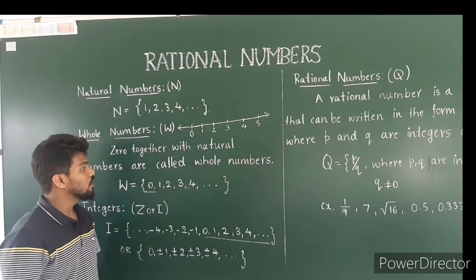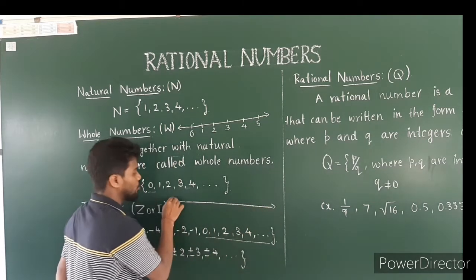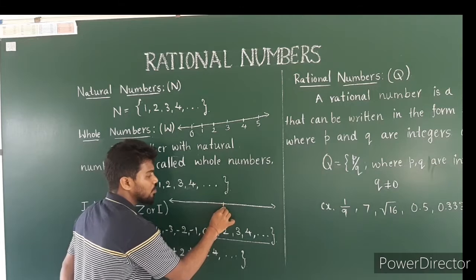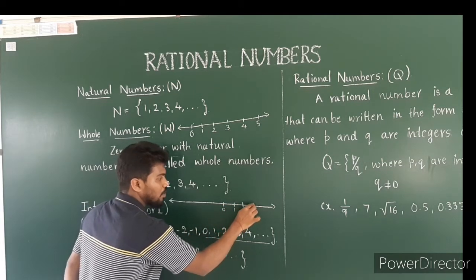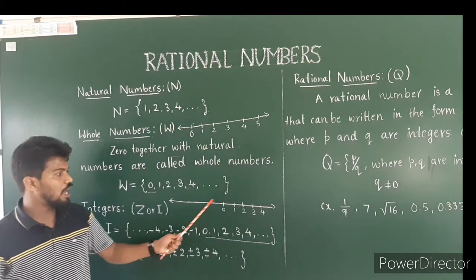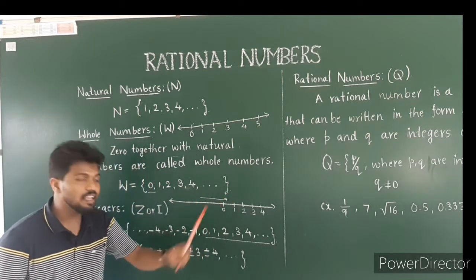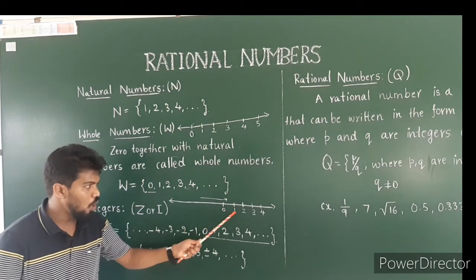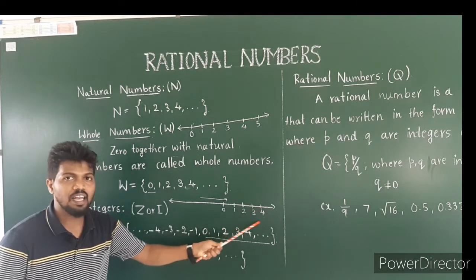Now we show the number line of integers. You get 0 in the middle, and 1, 2, 3, 4. As you go this side, the value increases: 0, 1, 2, 3, 4. 4 is a larger value.